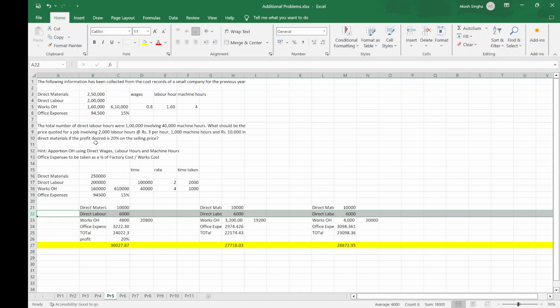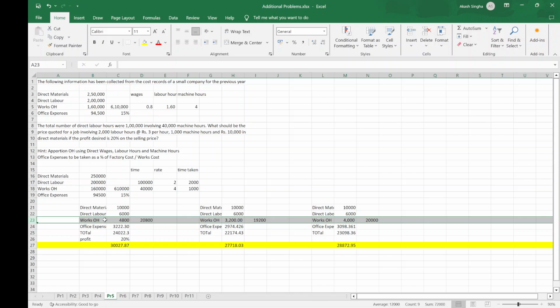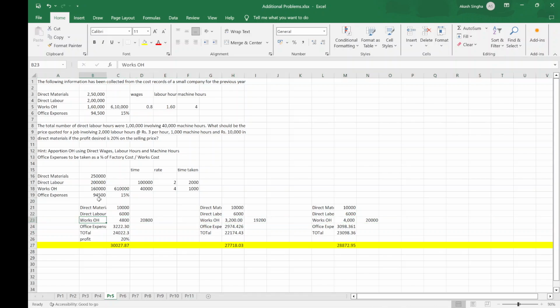Everything is given, so only we have to calculate factory overhead. Using direct wages, it's 0.8 of direct wage, so 0.8 of 6,000 will be 4,800. So the total will be this.